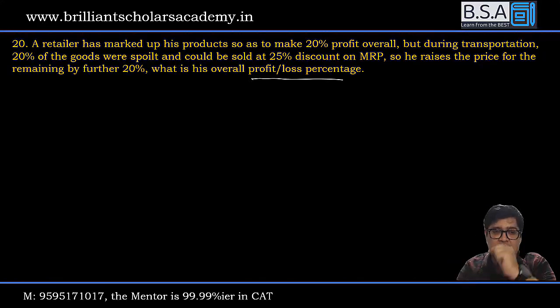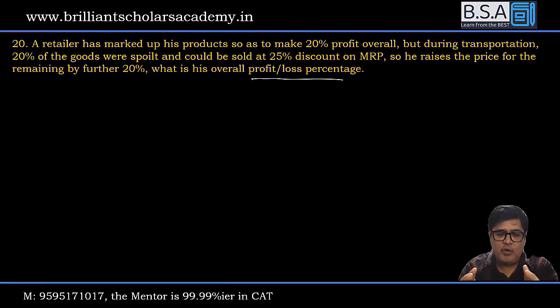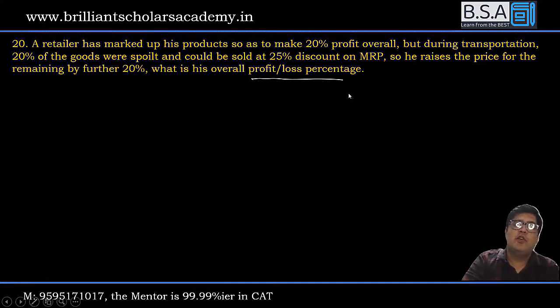Here, some goods are damaged. On those damaged, there's a separate discount percentage. On the other, there's a further increase in price. So you are selling two parts of the product. This will not be solved through chain rule. Don't apply chain rule.